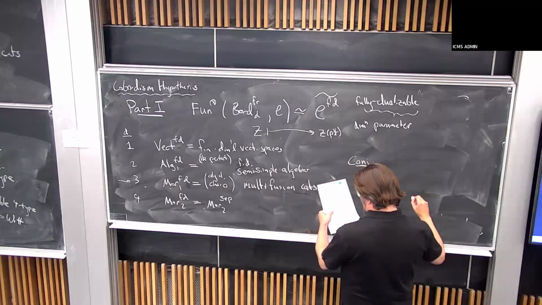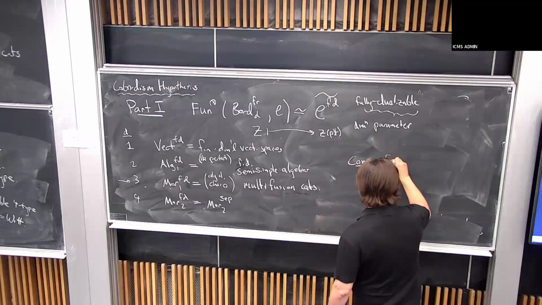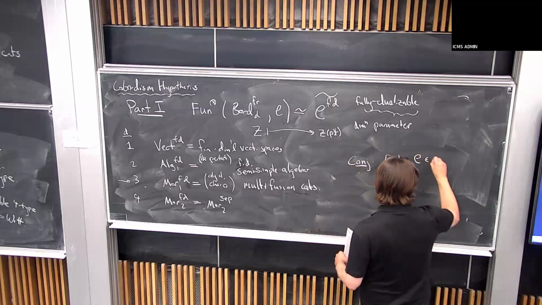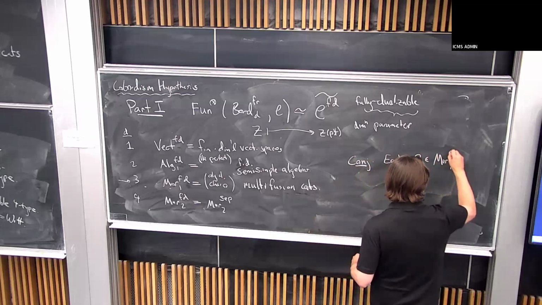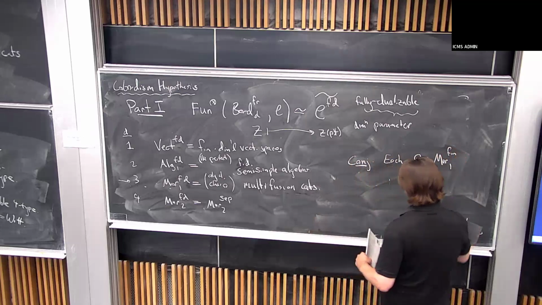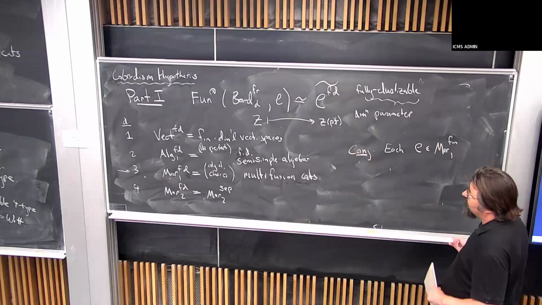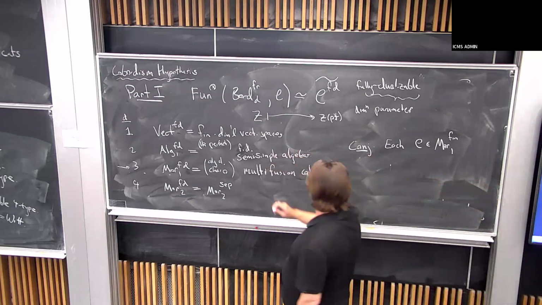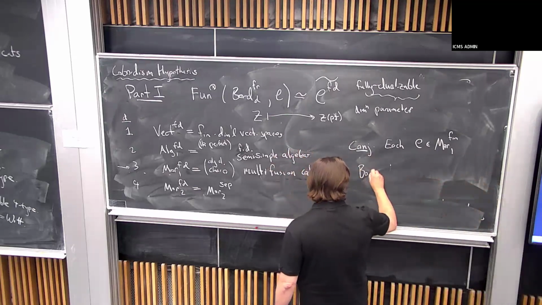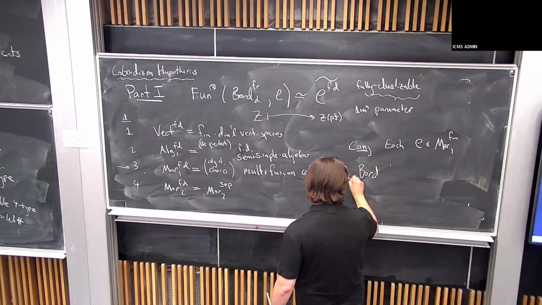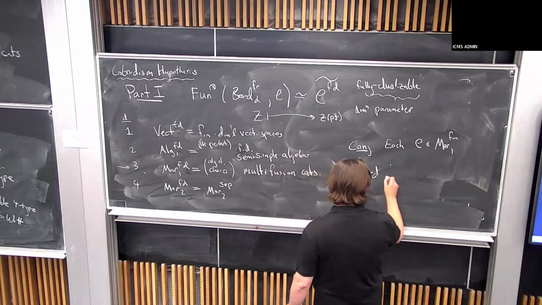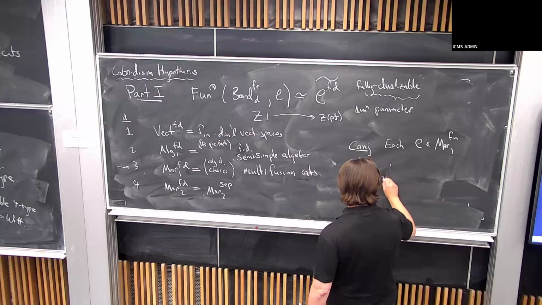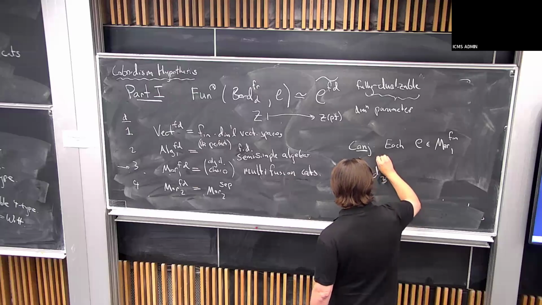Let's see how to say it. So each object inside this Morita category of finite tensor categories actually gives you a kind of TFT. It's not quite a full 3-dimensional TFT, but 3 in this case, framed.